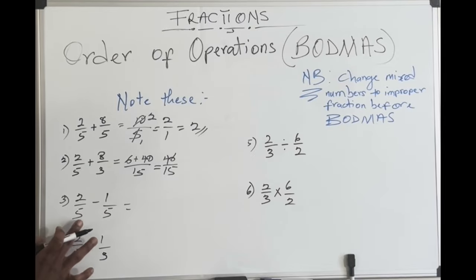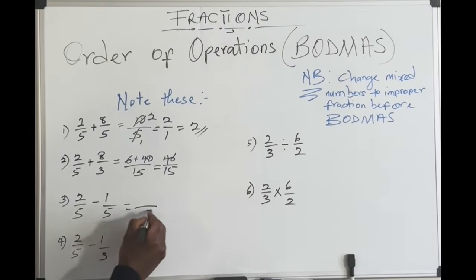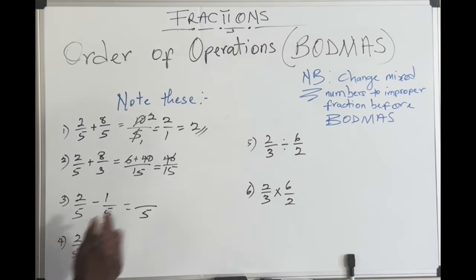Since there are the same denominators, we pick the 5 and then we just go ahead and subtract, 2 minus 1, which is 1. So the final answer will be 1 over 5. The same way, we can work out the one with different denominators.